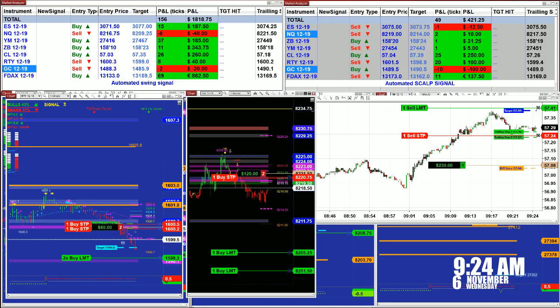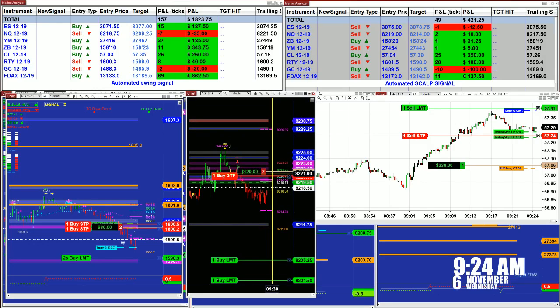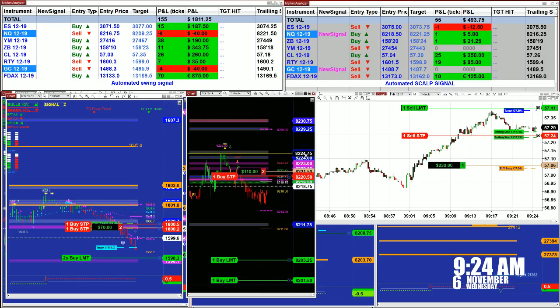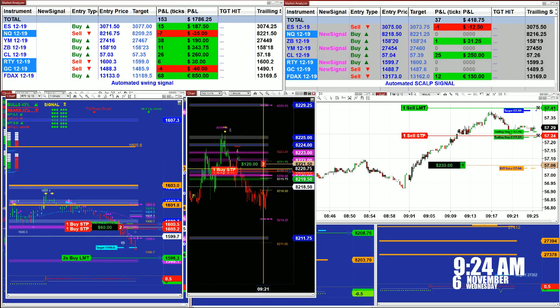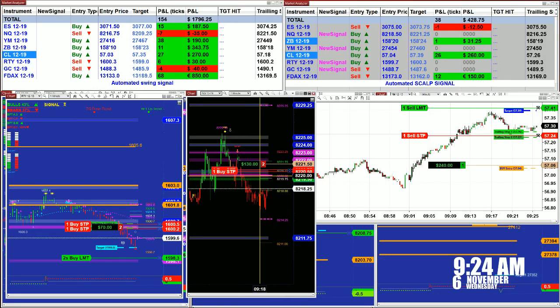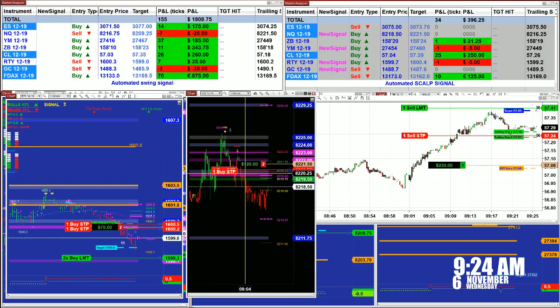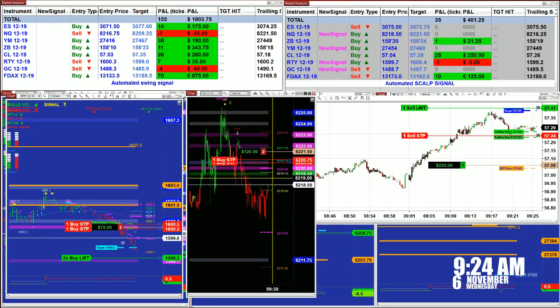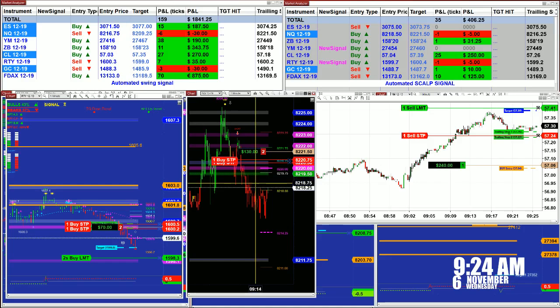And on the Nasdaq, the 82.19.25 became a resistance. So I'm hiding my trailing stop behind a wall, a resistance. You do not put your trailing stop out in the unprotected areas.